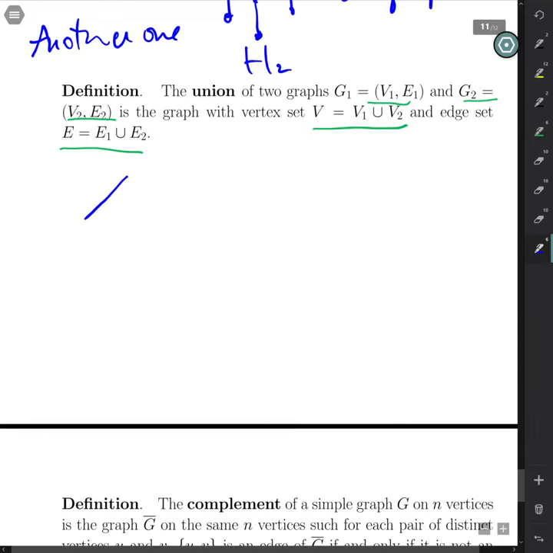So let's say this is G1, and I'm going to label the edges because sometimes the vertices are going to be the same. So that's G1. And G2 will look like maybe this right here. So we'll have maybe 5 in this one.